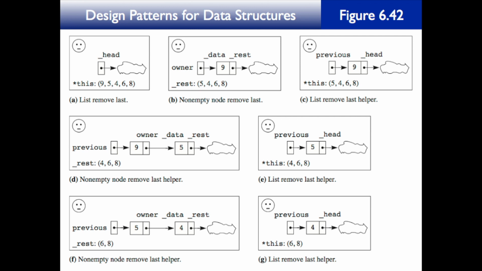And I'll give you a hint. A very simple way to do this is if you code remove first, then you can actually use remove first in remove last. So that's a little hint.